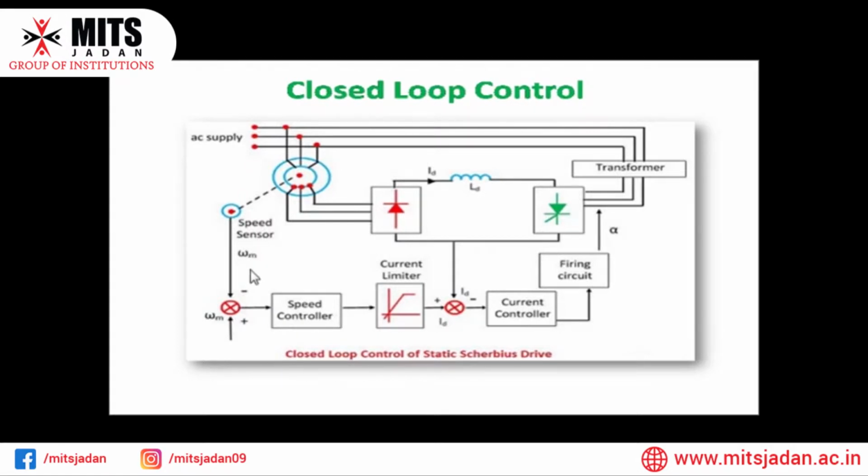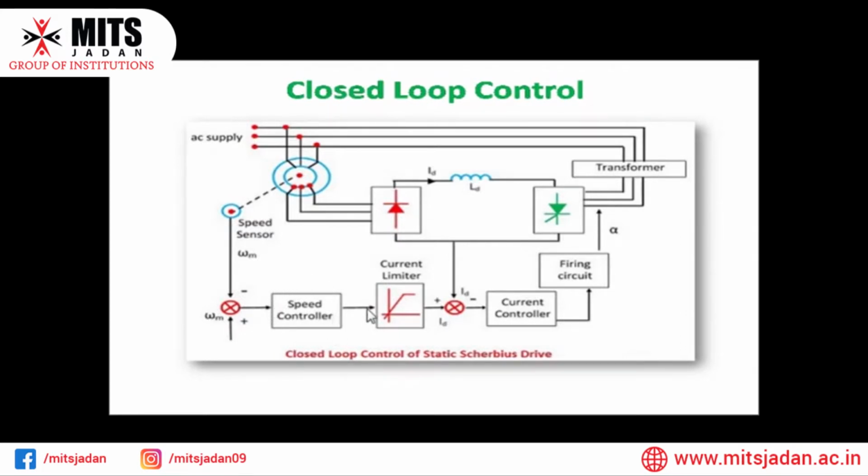Speed is sensed with the help of a sensor, and here we can feed the required speed. The error between the actual speed and the required or desired speed is given to the speed controller.